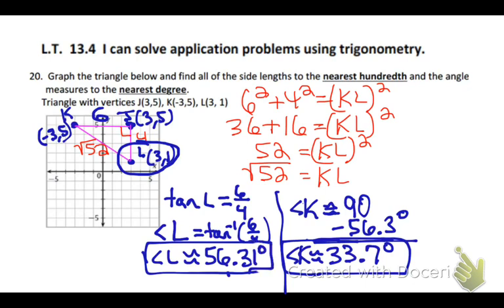That means 90 minus 56.31 is 33.69 degrees.